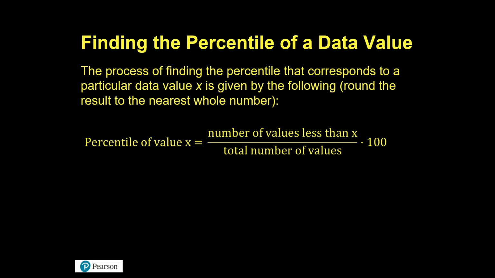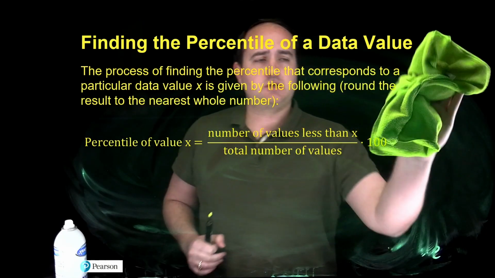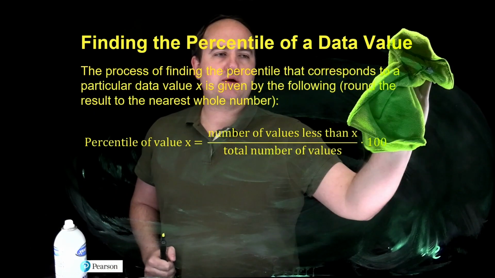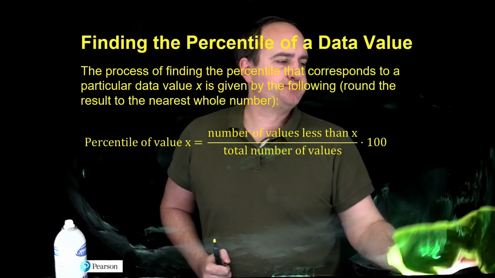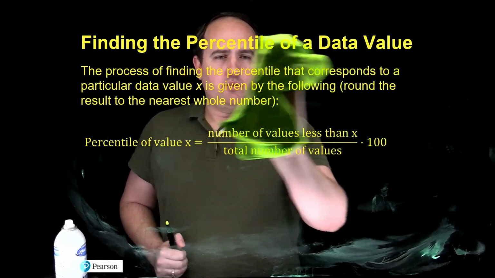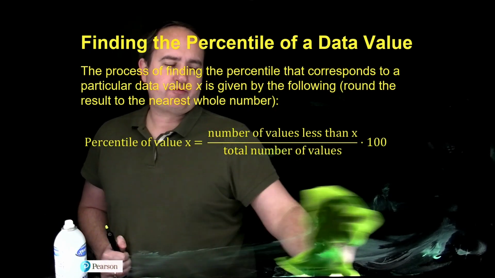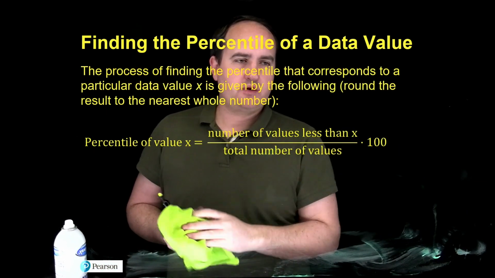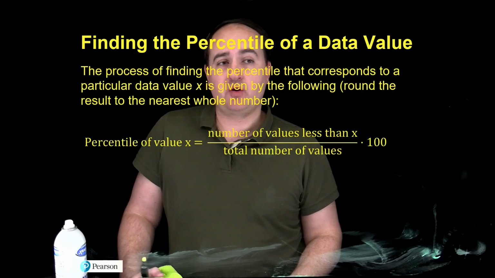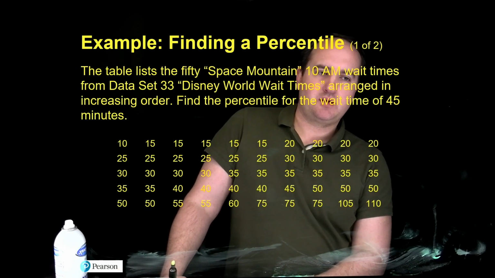In other words, they gave us a data value, and we converted it to a percentile using this formula: the percentile of a data value x equals the number of values less than x divided by the total number of values, times 100. If we're going in the reverse direction, which is what we're going to learn today, we have to use a different formula, and unfortunately, it's a bit more complicated.